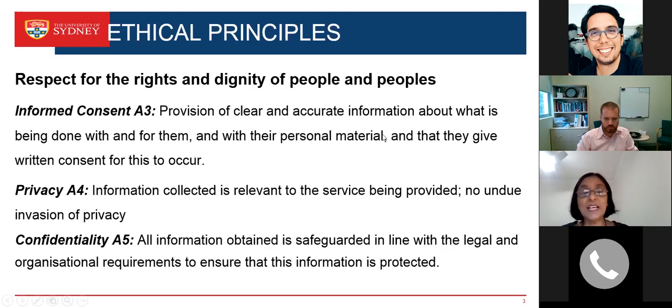Confidentiality is that all information is safeguarded and protected. And when people understand that, because of their right and dignity to privacy and confidentiality, that's the care that we take, I think that is reassuring to them that this is very protected information.